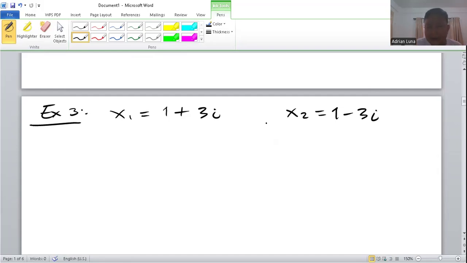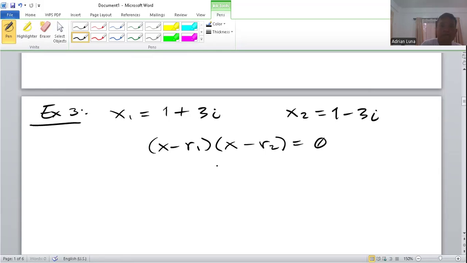Pagka may imaginary, radical, and combination ng radical and fraction, it would be best kung gagamitin natin to. Or ito.